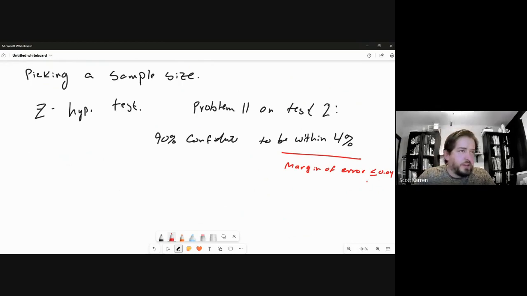What is the margin of error? Well, in the confidence interval, p hat plus or minus z star times standard error, right? This is your margin of error.